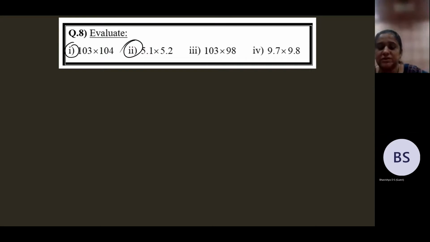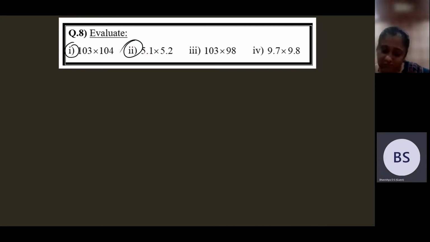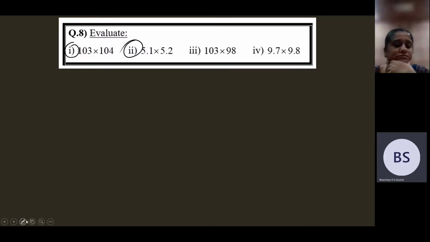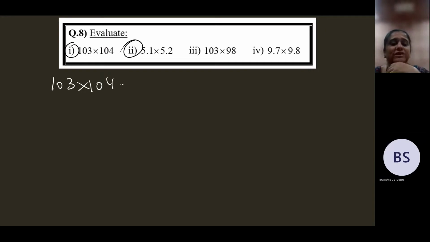Ma'am, I'm having a doubt in the first sum, ma'am. Yes, Bhavishya? Please ask. Ma'am, for those two, I have written 100 plus 3 and 100 plus 4, ma'am. Correct. Ma'am, for that equation, what should we write? So 103, you've written it as 100 plus 3, and 104 is 100 plus 4.